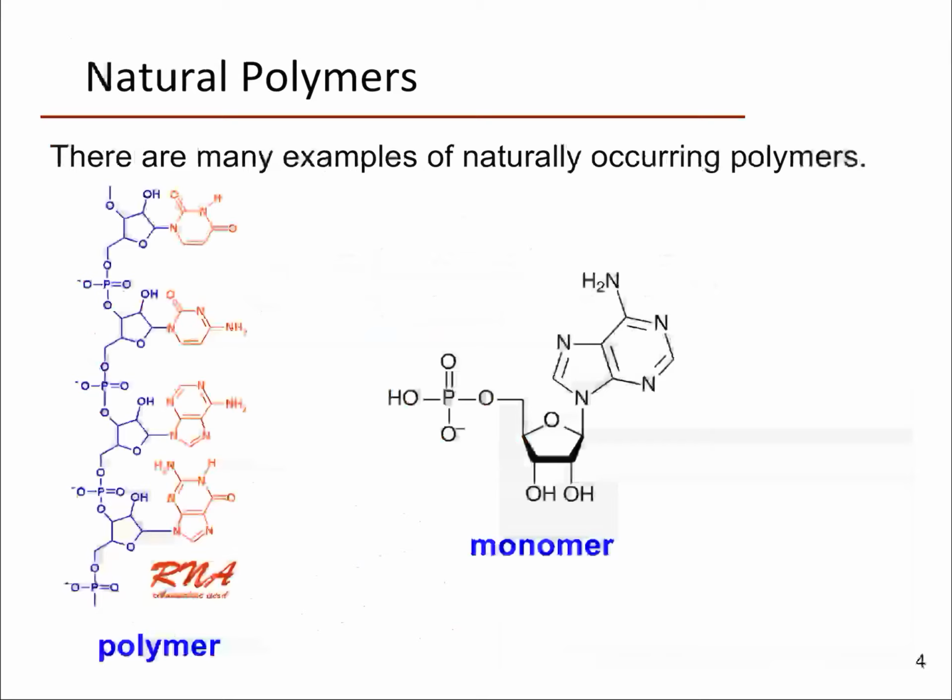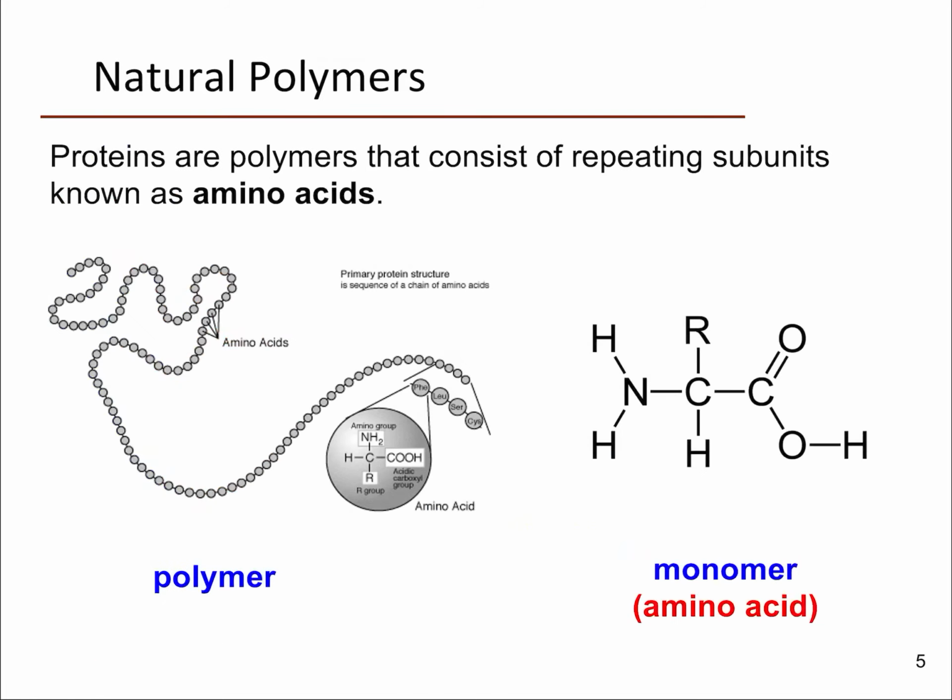Other types of naturally occurring polymers are called nucleic acids. RNA is one example, DNA would be another example. These have a small number of possible subunits called monomers, which are strung together in long chains, and this is what we would call nucleic acids. Proteins are another example of a natural polymer where the individual subunits, the monomers, are called amino acids.